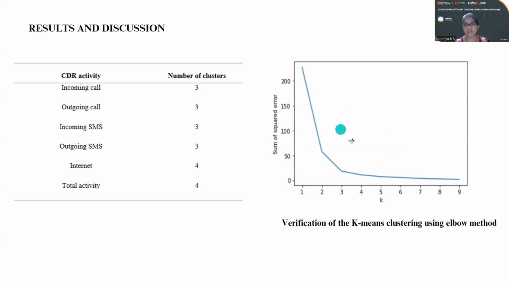When you observe this graph, it is like an elbow shape or an arm shaped graph, which prompts us as to how many clusters have to be chosen for the optimal value. So as the number of clusters chosen is 3, it prompts that we have to choose the number of clusters as 3 to avoid the distortion.